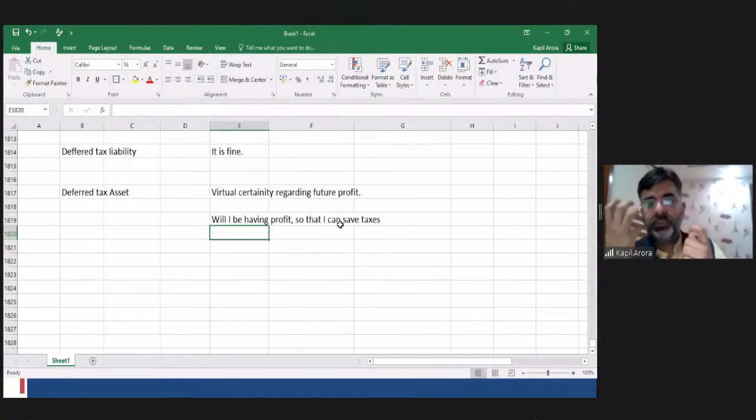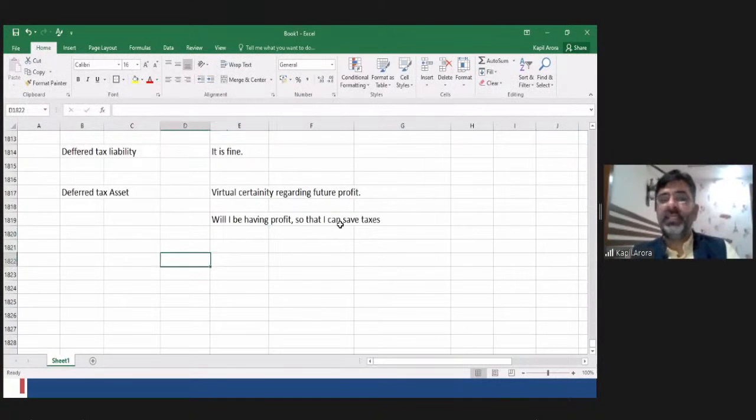To save the tax, you need to have that much profit which would require you to pay the tax. If you won't have profit, no tax requirement is there. If no tax requirement is there, from where are you going to save the tax? So deferred tax asset will only be recorded when you have virtual certainty regarding future profit.